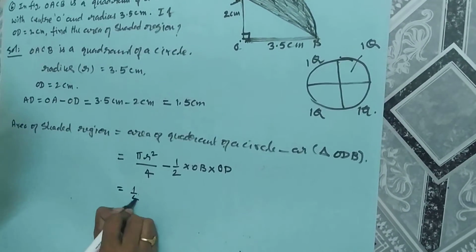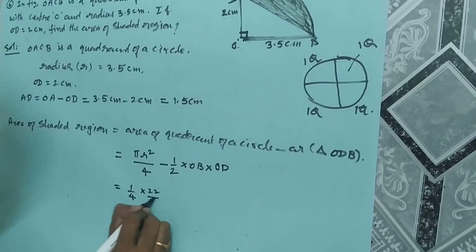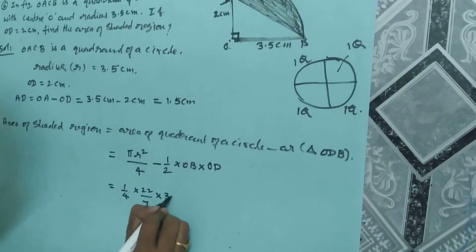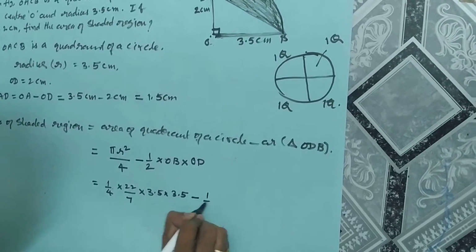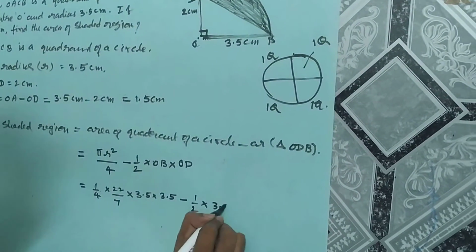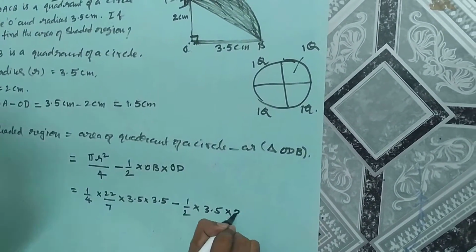That equals 1 by 4 into 22 by 7 into radius 3.5 into 3.5, minus half into OB 3.5 into OD 2.